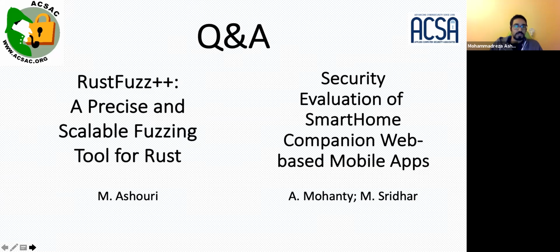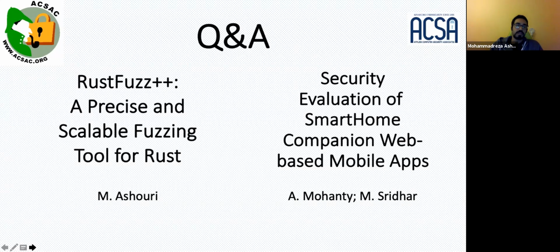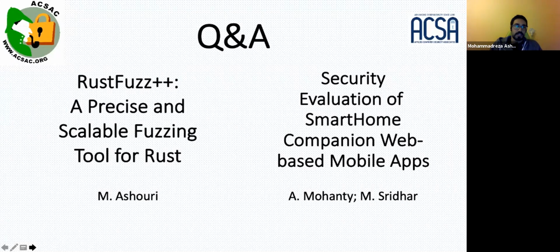Okay, thank you very much. As you know, RustFuzz is a portable tool for performing bug fuzzing for Rust applications, or more specifically for Rust binaries. This tool works based on concurrent execution. As I showed here, I could successfully find several vulnerabilities in the Rust core libraries.